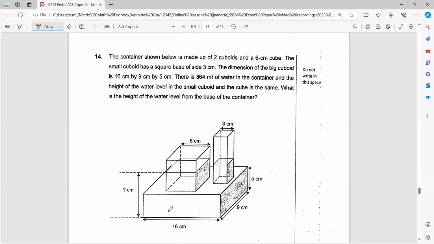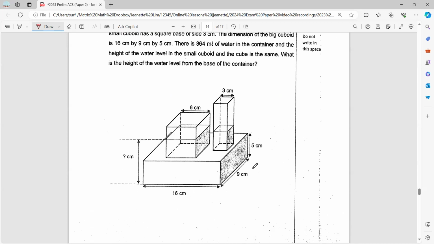Okay, so since water has filled up the whole of the bottom cuboid, let's find the volume of the bottom cuboid first. So that's the large cuboid.